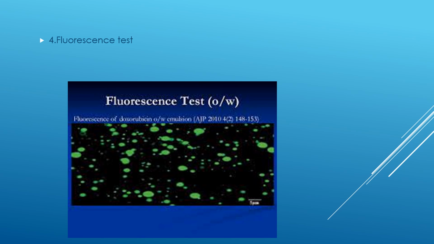That is, the emulsion is water in oil type. And if the droplets fluoresce, it indicates that oil is present in the dispersed phase. That is, the emulsion is oil in water type.